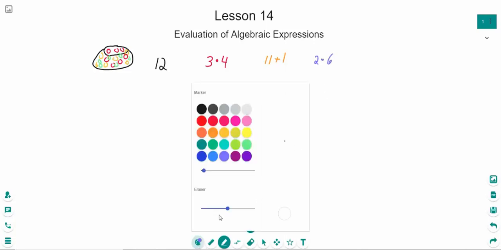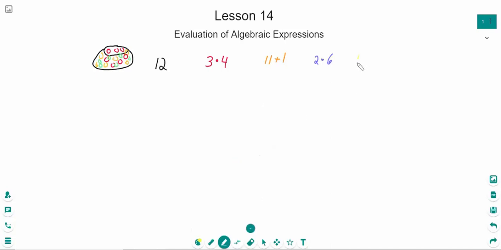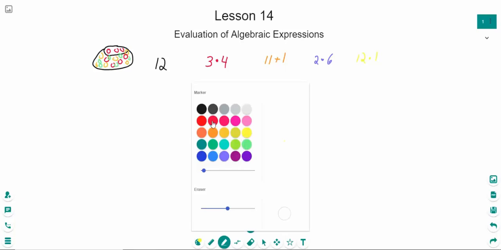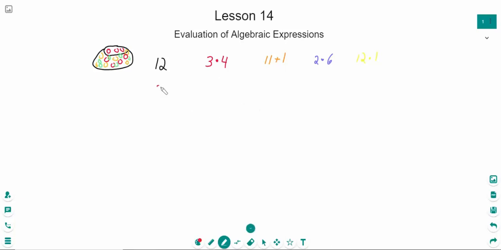That also would be a 12. It could be written as 12 times 1. That would be another way. What about 24 divided by 2? That would also express 12. That would be equivalent to 12, and it would represent 12 marbles in this jar.